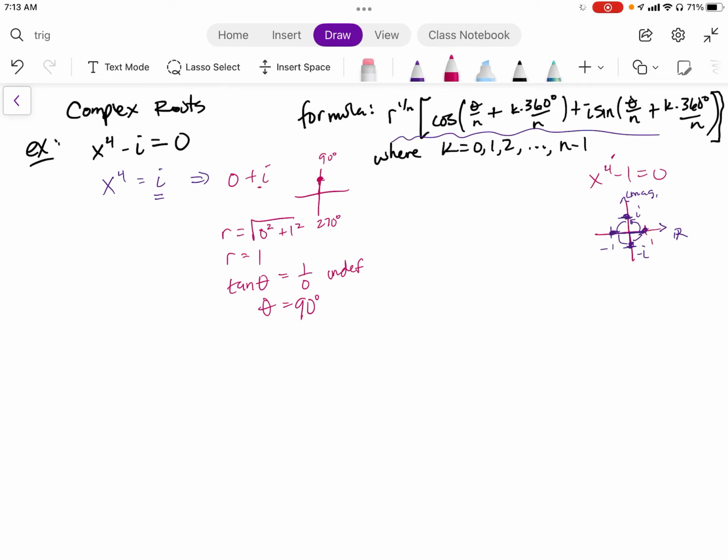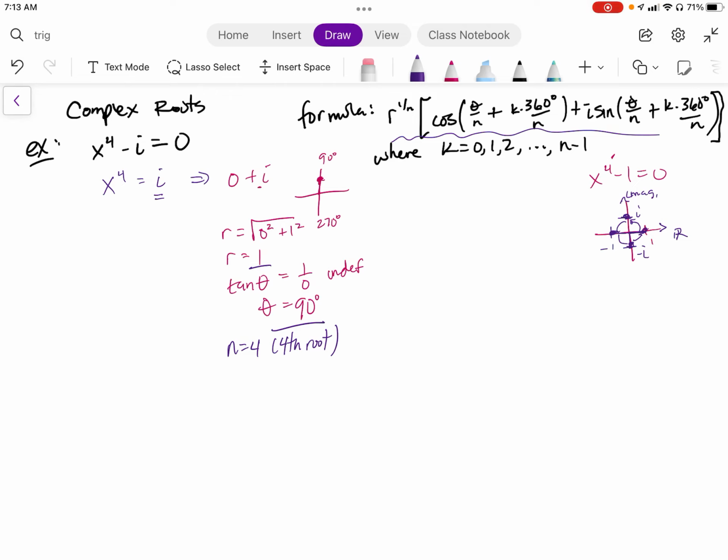Okay, so we have what we need to start this. I know theta, and we're doing fourth root, so n equals 4. We know theta, we know r, we know n is 4 because we're doing the fourth root. So let's do it.